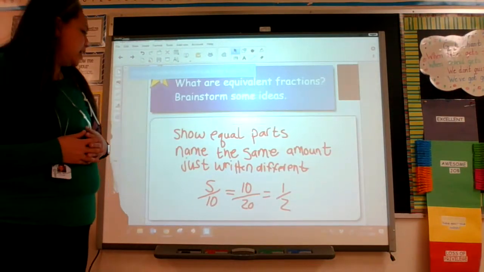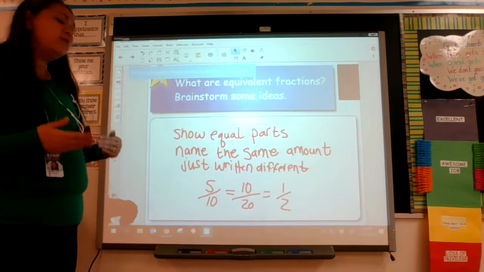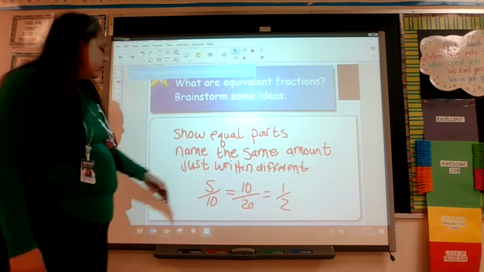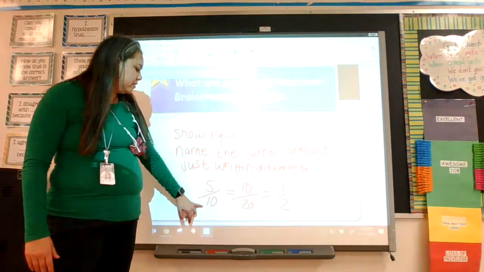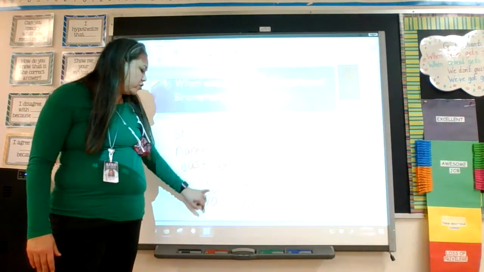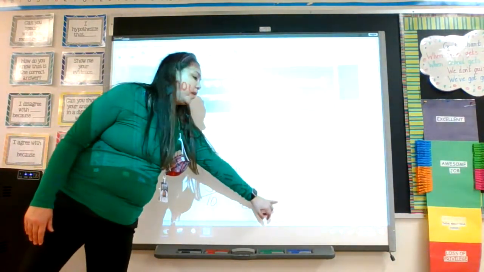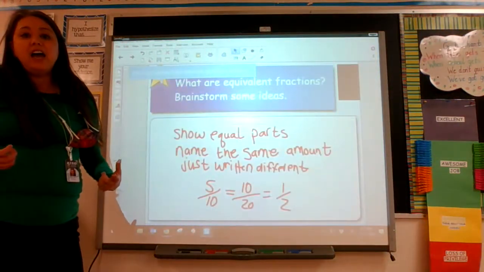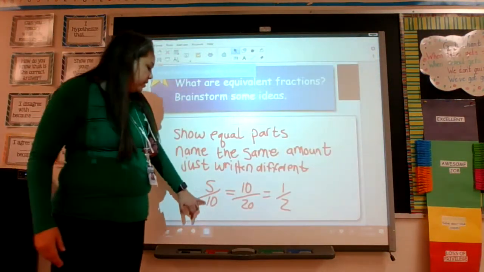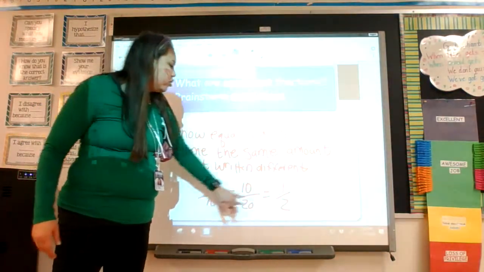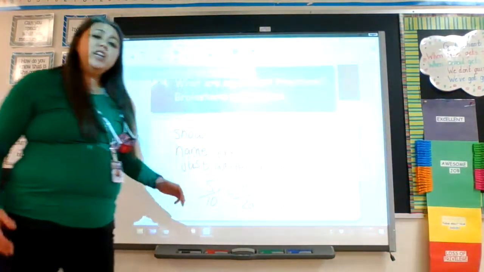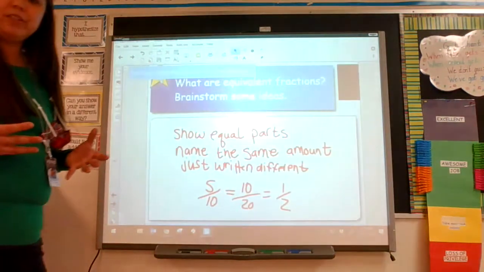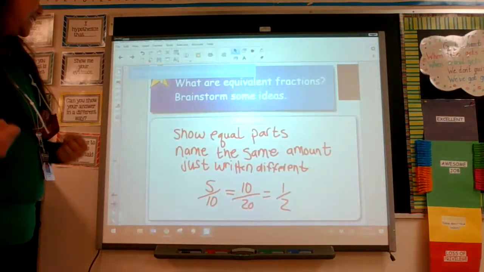They name the same amount, they just are written differently. So even though 5/10 is a fraction that is the same as 1/2, think of if I had a cake in 10 parts and I have 5 of the pieces, I have 5/10 of it. Even though they show the same amount, they're just written with different numbers, but they mean the same thing.